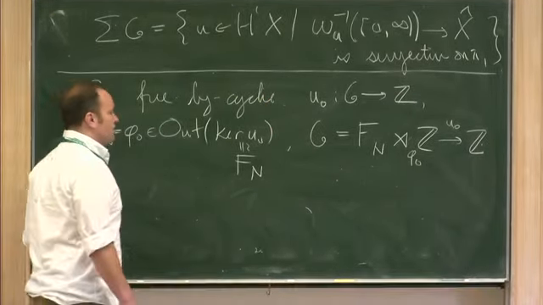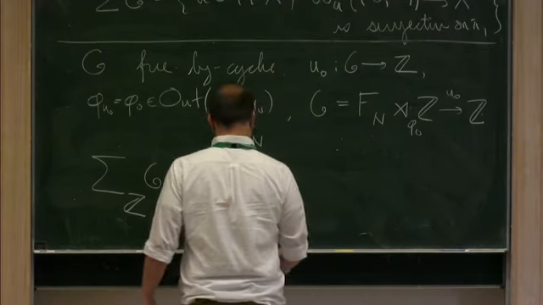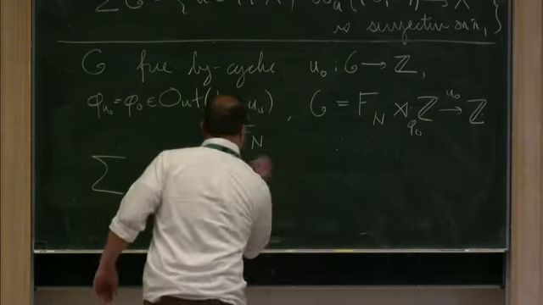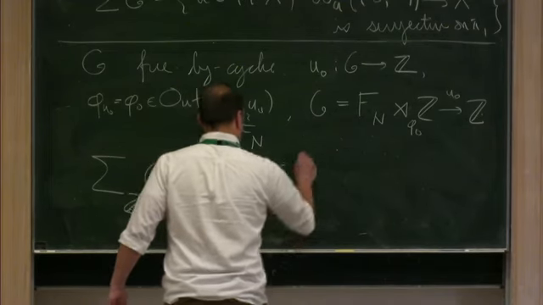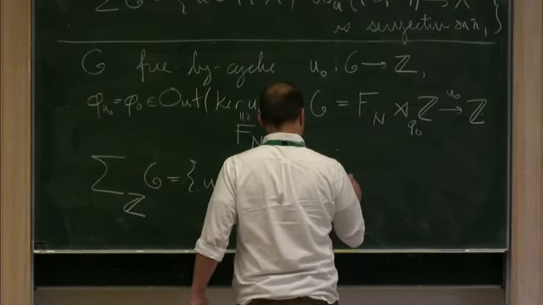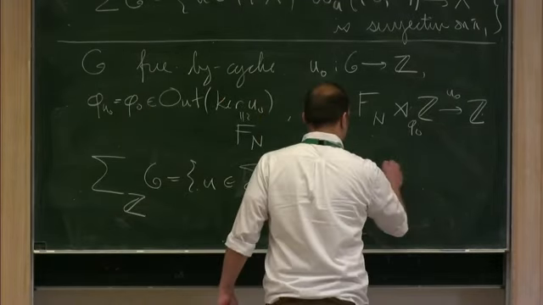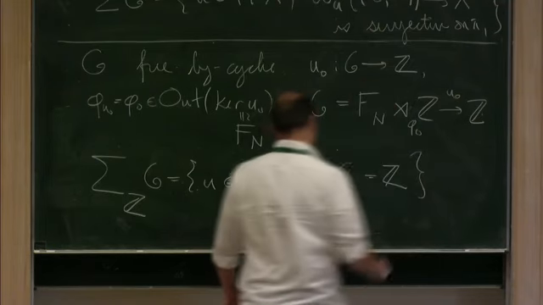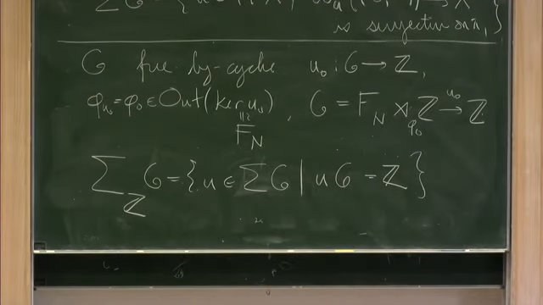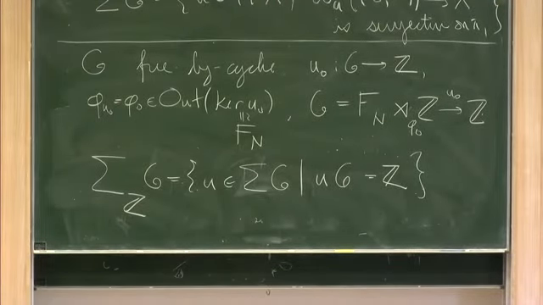Let's say sigma Z of G: those are the elements U in the BNS invariant such that the image of U on G is exactly the integers. So these are the homomorphisms to R that land exactly on Z and live in the BNS invariant.